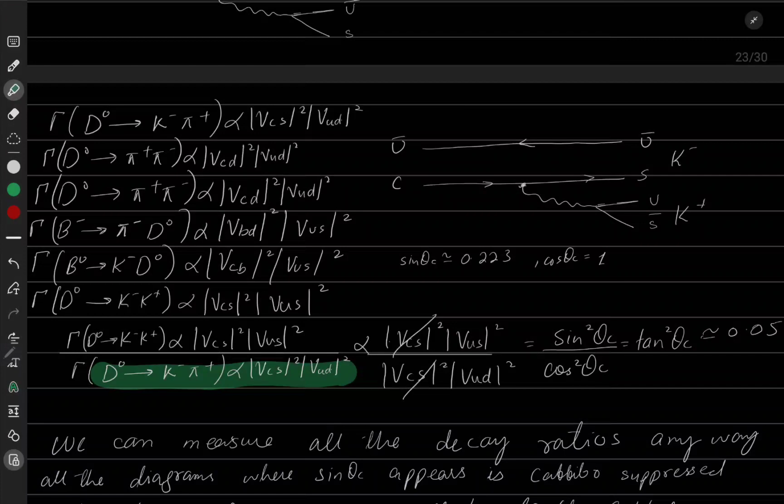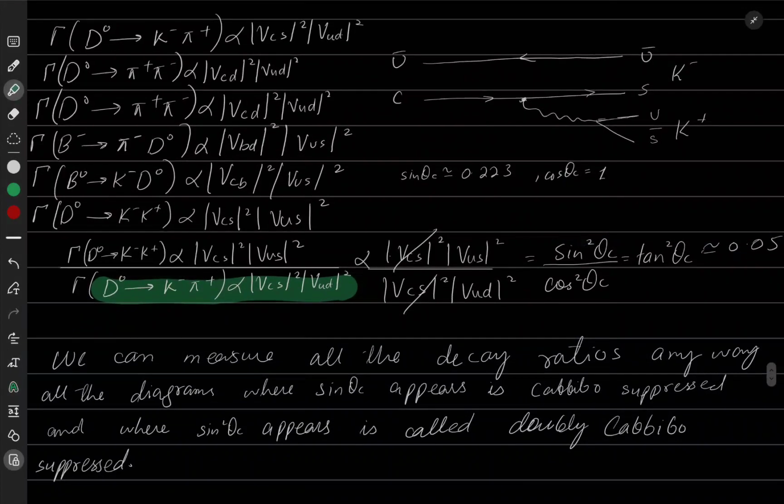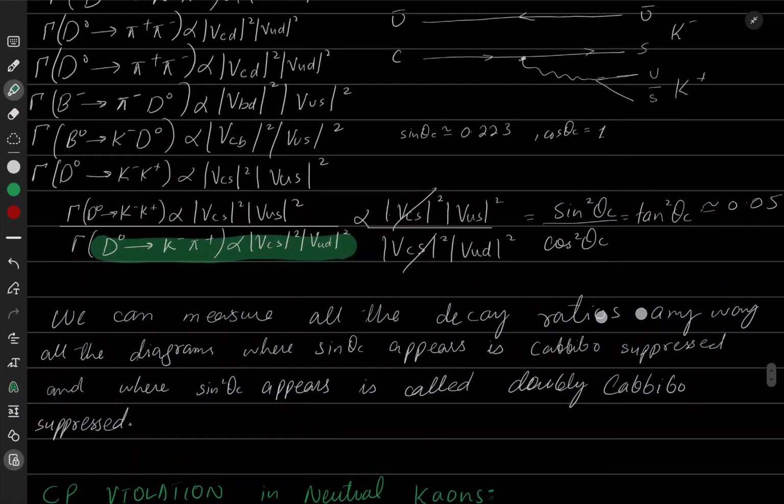So we can try all the different combinations and get a naive estimation of the couplings between different generations. Okay.